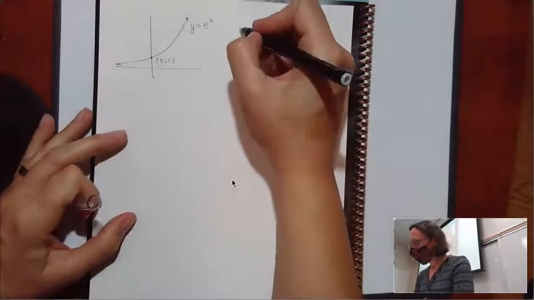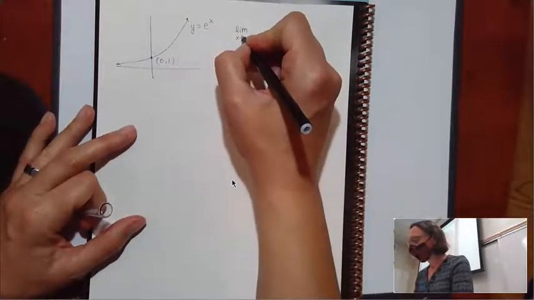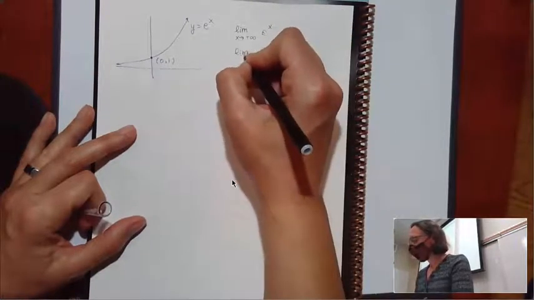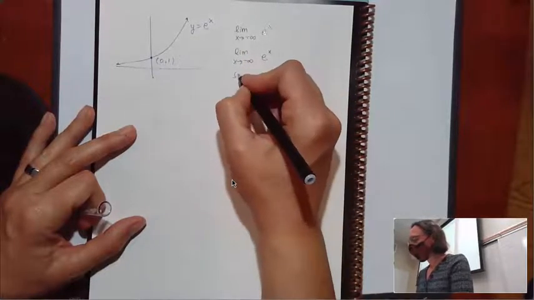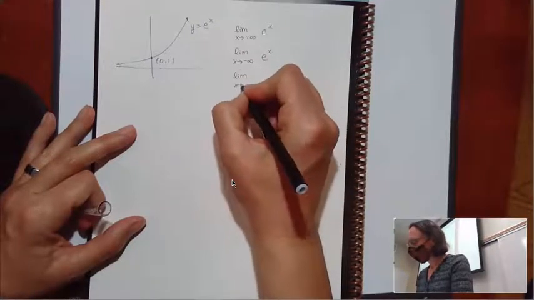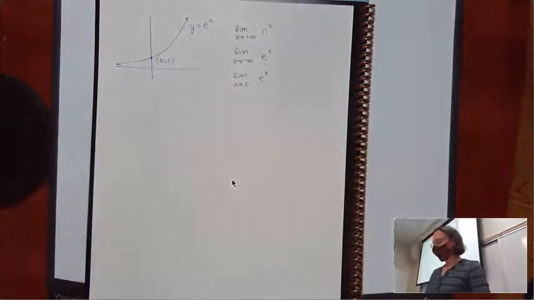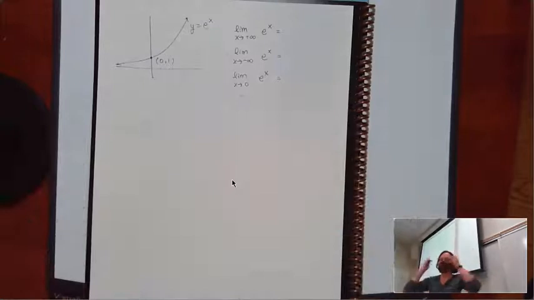So from the graph, we should be able to evaluate the limit as x approaches positive infinity of e to the x, the limit as x approaches negative infinity of e to the x, and the limit as x approaches 0 of e to the x. All of those show up fairly often in our improper integrals section.